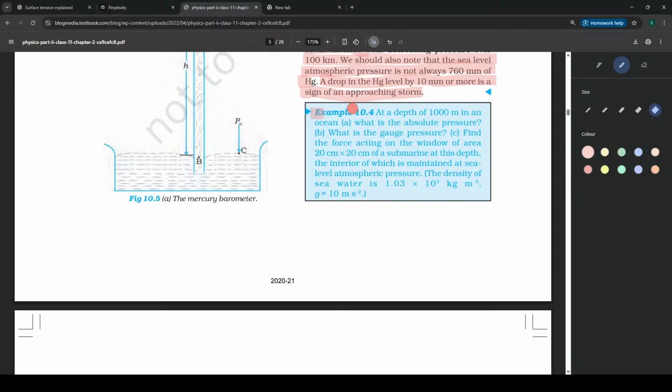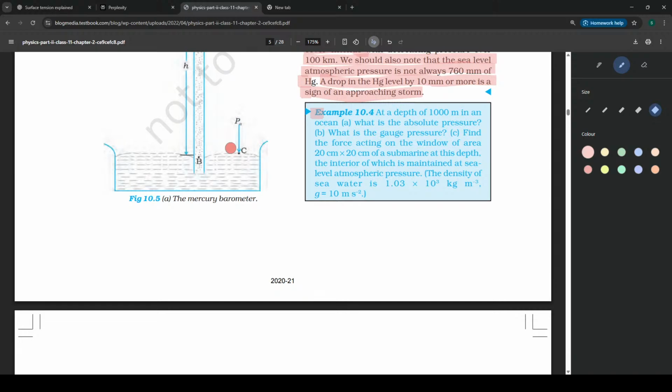Now example 10.4: at a depth of 1000 meter in an ocean, what is the absolute pressure? What is the gauge pressure?